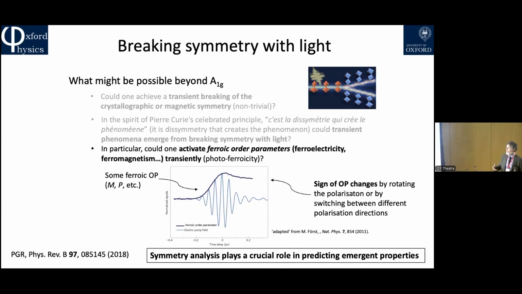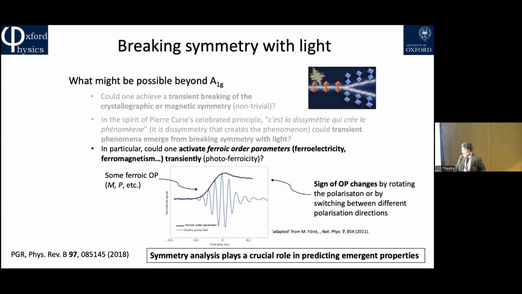Okay? And in a way, the best analogy to this is the piezoelectric or the piezomagnetic effect. You apply a strain, and then the strain breaks the symmetry, and activates, for example, in the piezomagnetic effect case, a magnetic moment. Okay? So the magnetic moment is created when you apply strain.